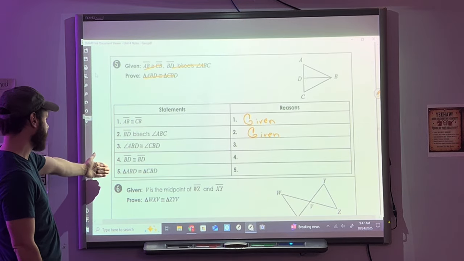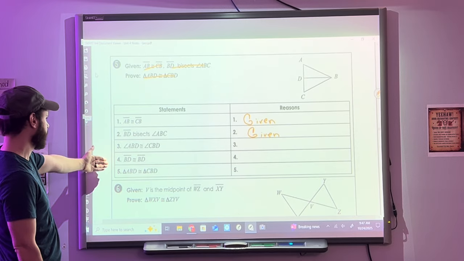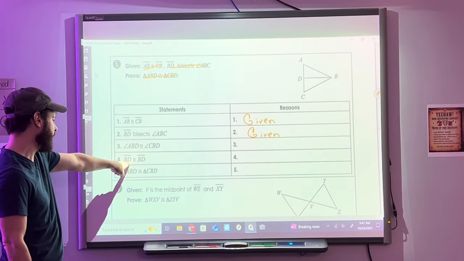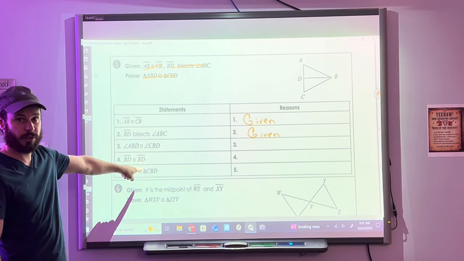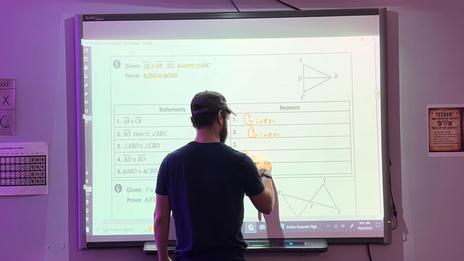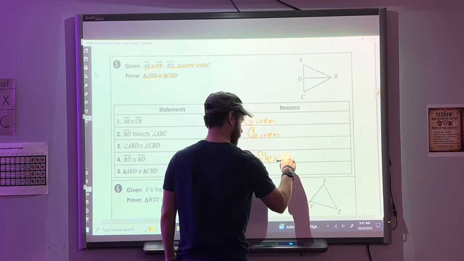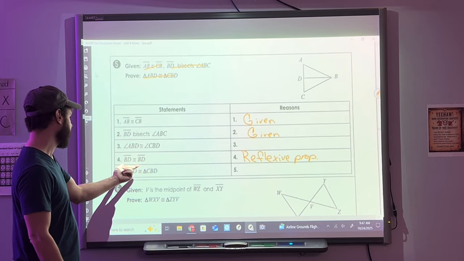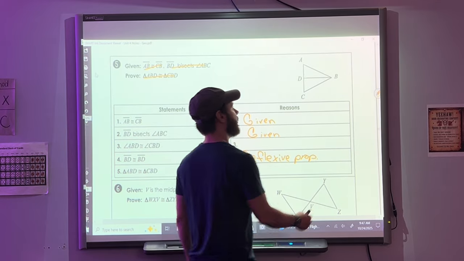Looking at my statements, are there any freebies? Bisect, I'm coming back for that. But hey, look, BD is congruent to BD. That's two things looking exactly like itself. That is reflexive. And while I'm here, let's label the picture with that. BD is BD.